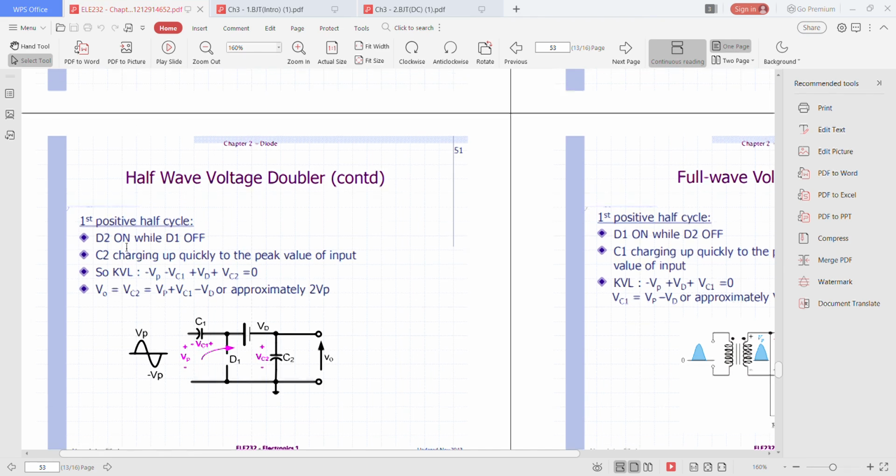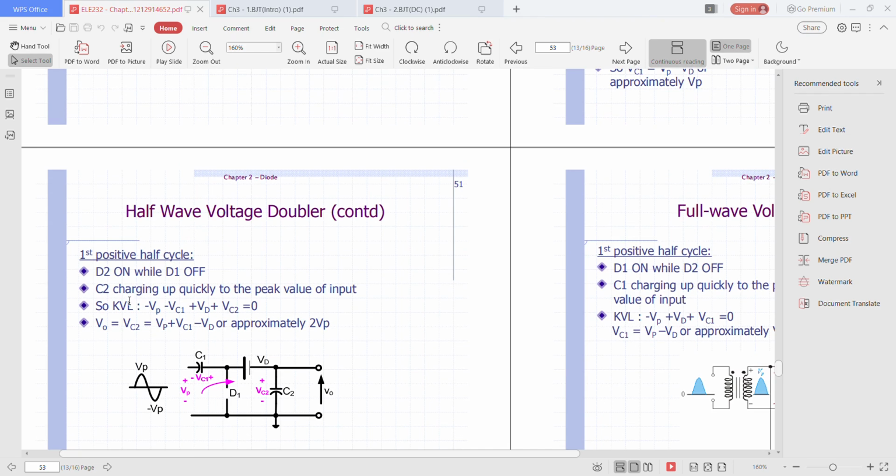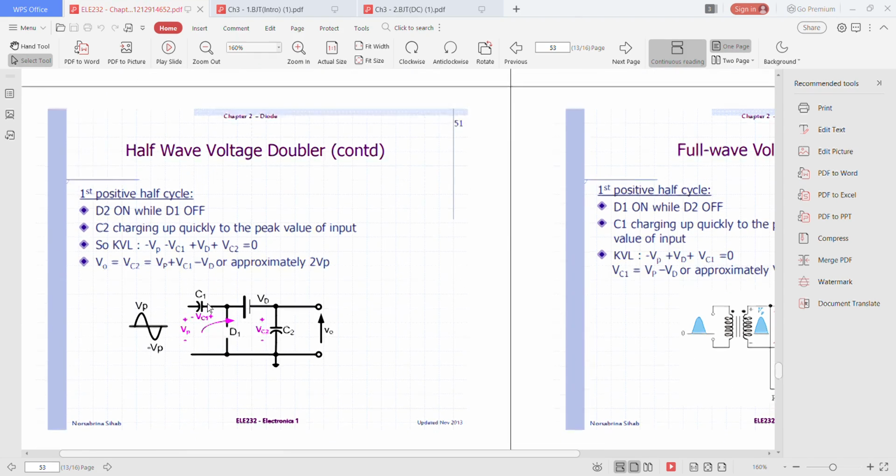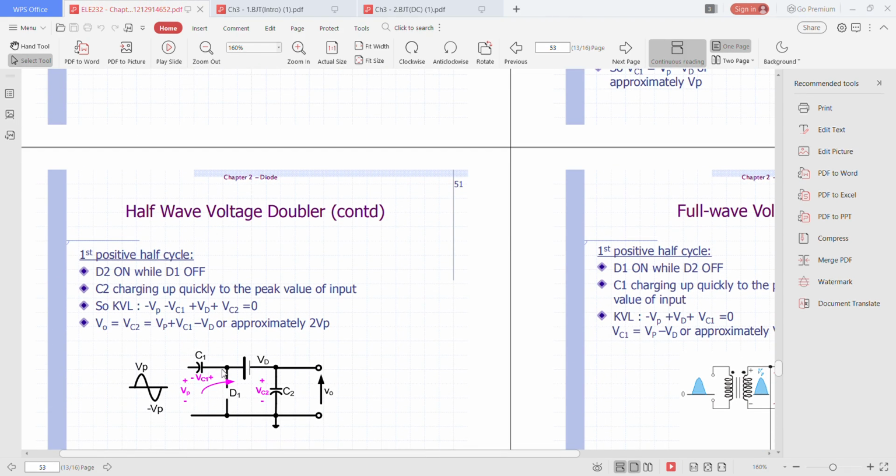So during the positive half cycle, the equation will be referring to the purple arrow, starting from minus Vp and then minus Vc1 and then go to plus Vd and plus Vc2 equals 0.